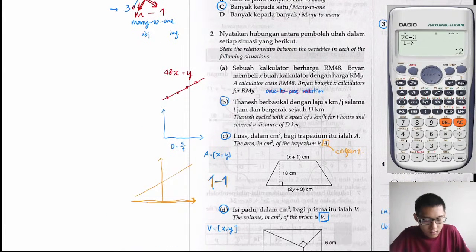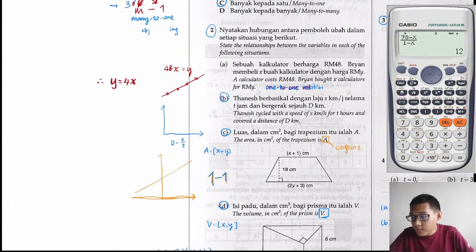State the relationship between the variables. So the answer is given like that: y equal to 48x. It didn't say we need to state the type of relation. So why do I use the type of relation? This one is area, so area equal to, use the formula.